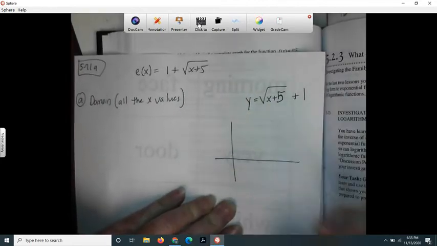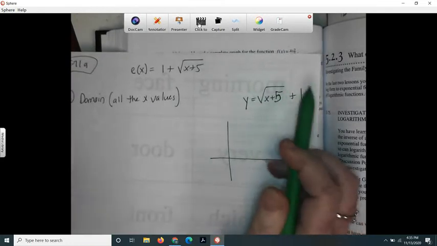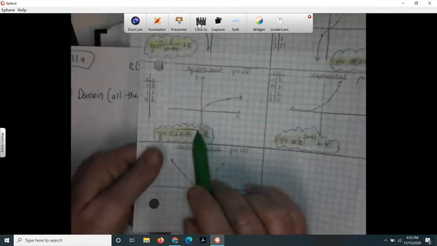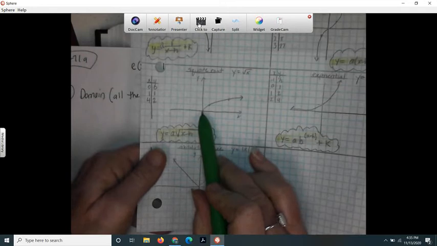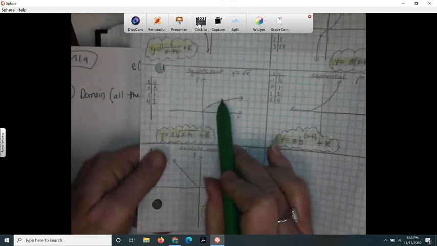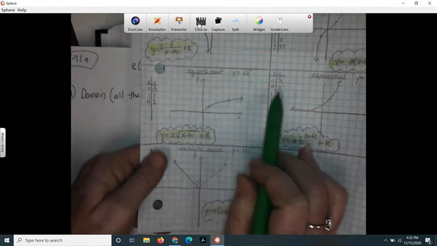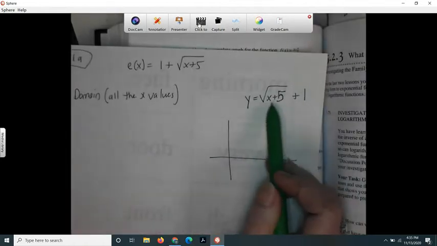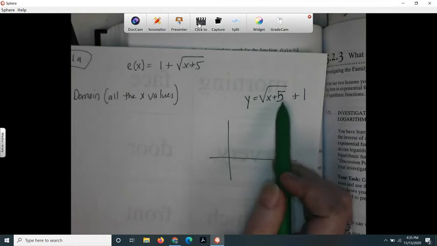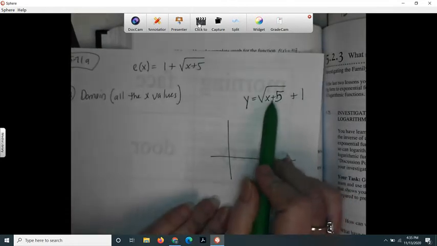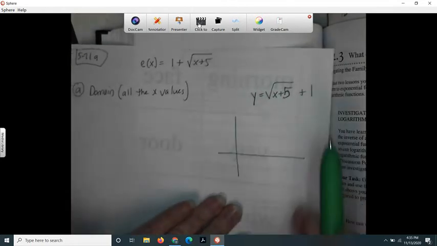So I know that the parent function starts at the origin, and it just goes off to the right. It rises. It's an increasing function. This one is going to be moved off to the left because of the x minus h.